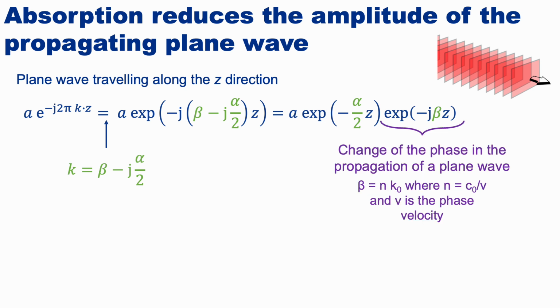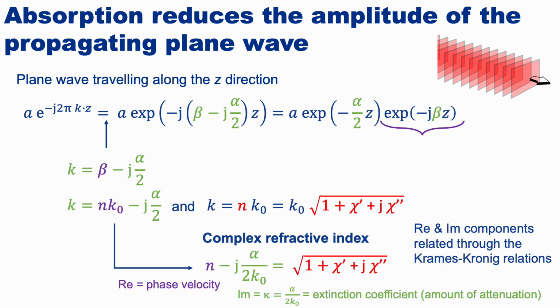On the other side, the imaginary part for the plane wave, which is going to be the real part of the wave number, is related with a change in the propagation of the plane wave, right? This is going to be related with the phase velocity and the reduction when we are changing media because of the increase of the refractive index.